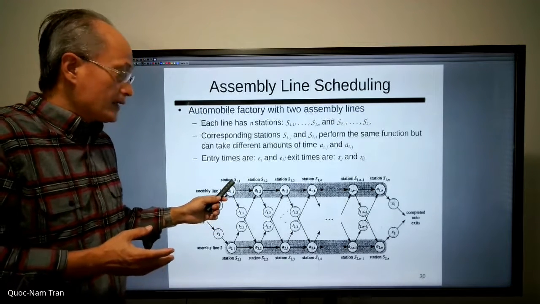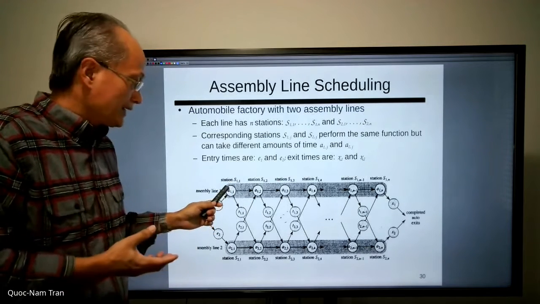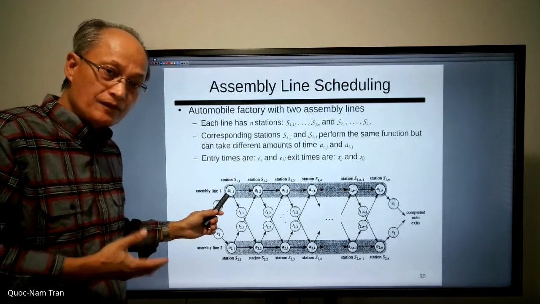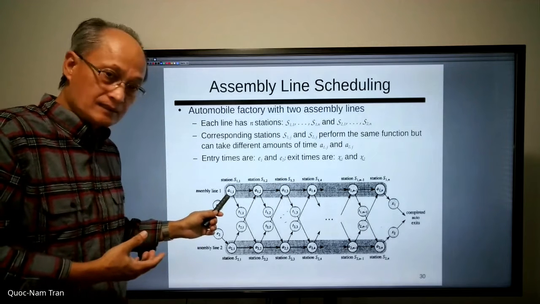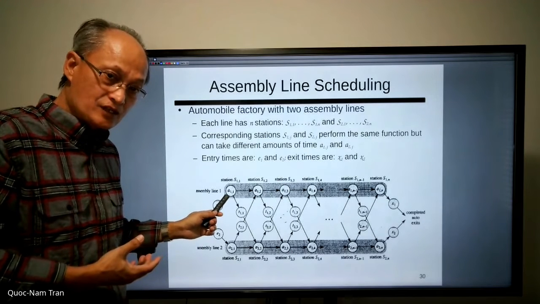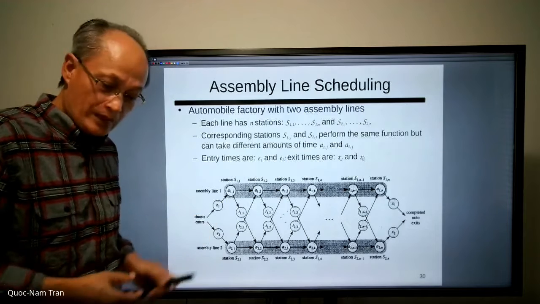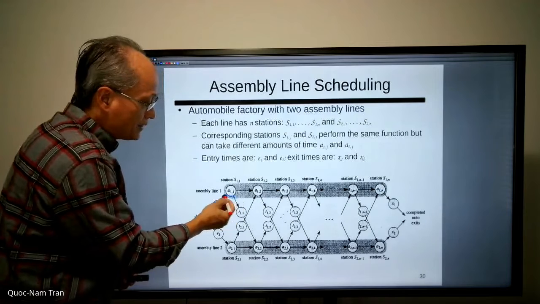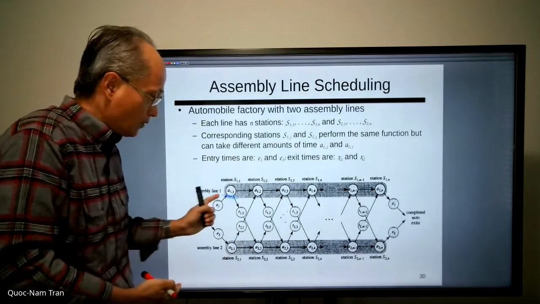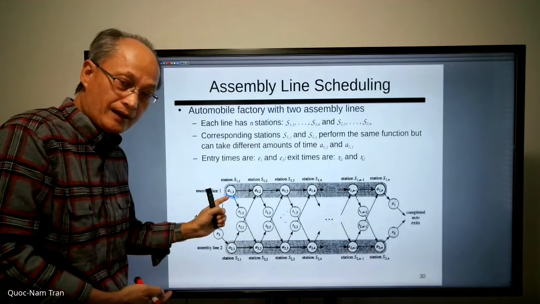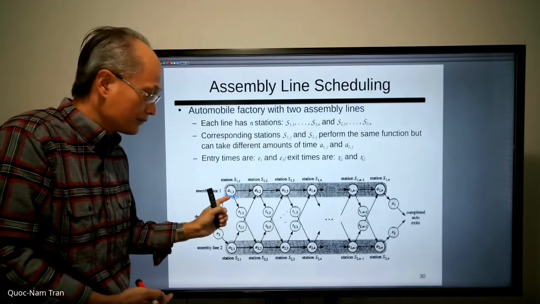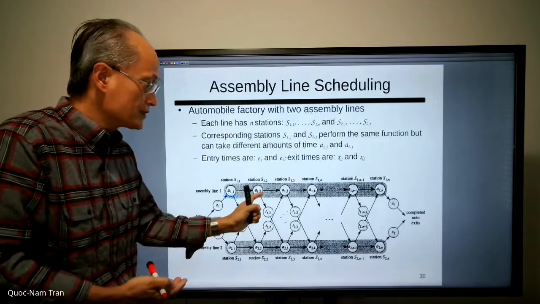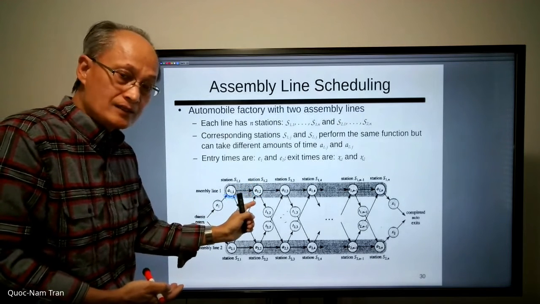Depending on the workload at each station, it may take a certain amount of time to finish that vehicle at that station. That is what we have for A11: the time needed for finishing the work at station 1 of line 1. Similarly, A12 is the time needed for finishing the work at this station.